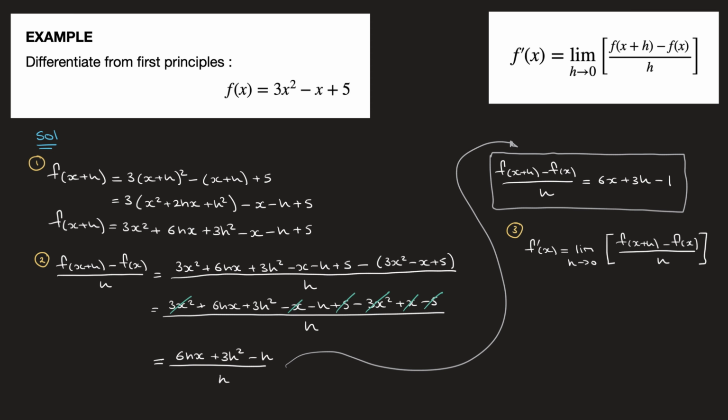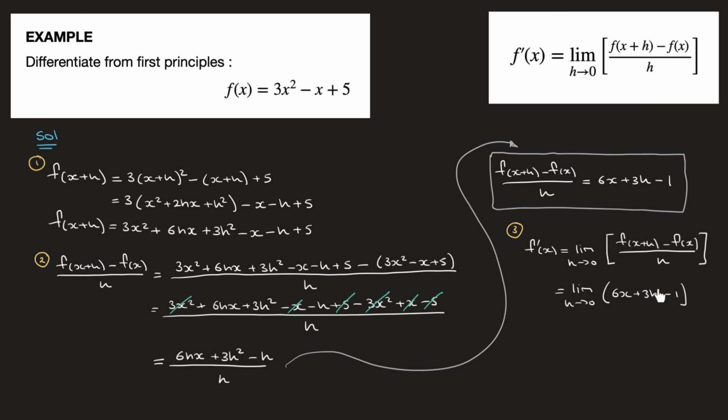As we've just seen, this difference quotient is equal to 6x plus 3h minus 1, so the derivative is therefore equal to the limit as h tends towards 0 of 6x plus 3h minus 1. Looking at the three terms we have here, since neither 6x nor the one that's being subtracted contain an h, they won't be affected in any way by the fact that we're letting h tend towards 0.